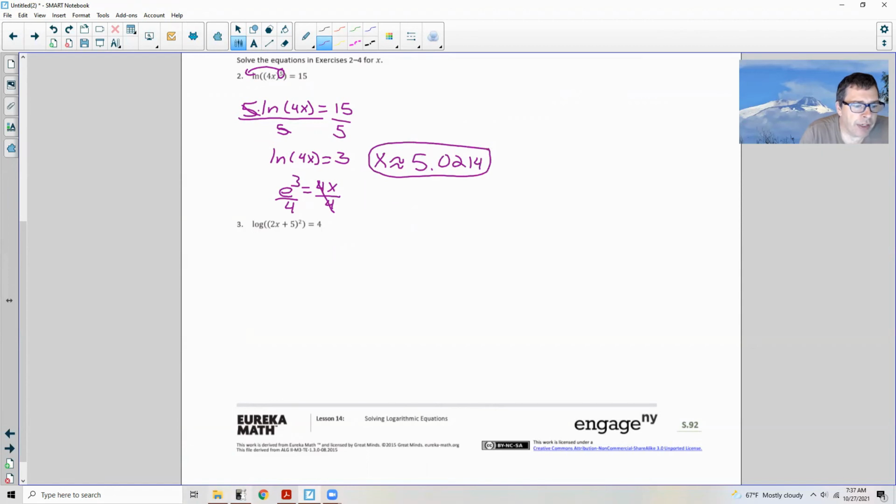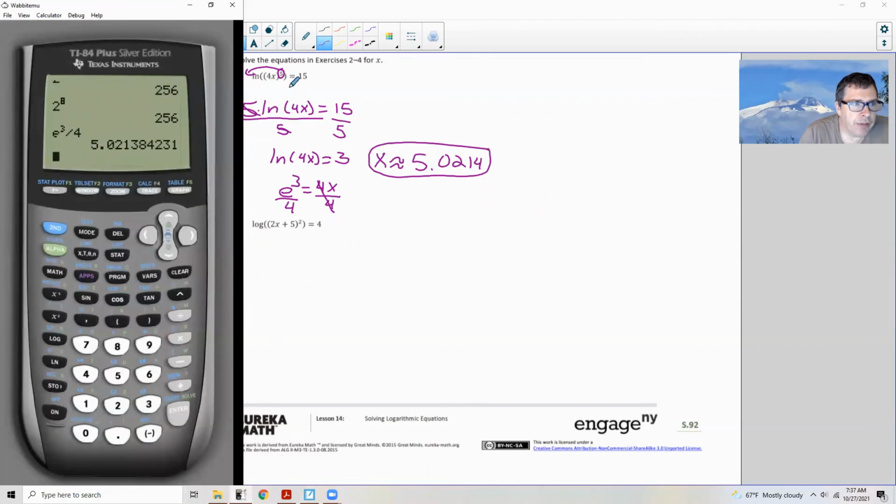Okay, so I'm going to check it with my calculator real quickly. I got x to be 5.0214. This is not rounded, so I'm going to store it as x so it's exact when I plug it into my calculator. Now I'm going to do my original equation and say the natural log of 4x, this is my x, remember, to the power of 5 must equal 15.